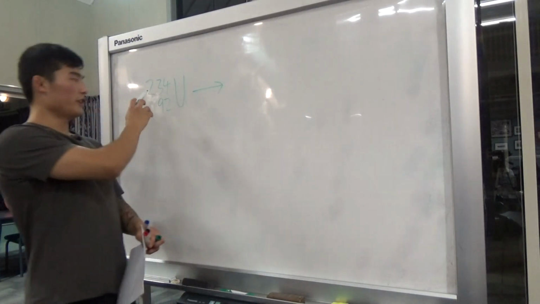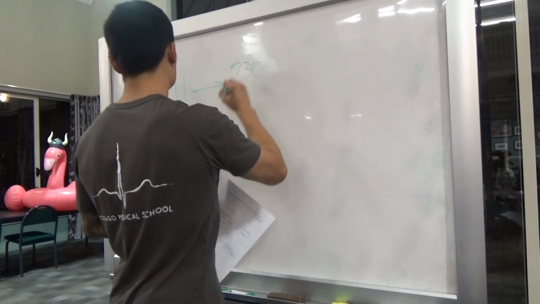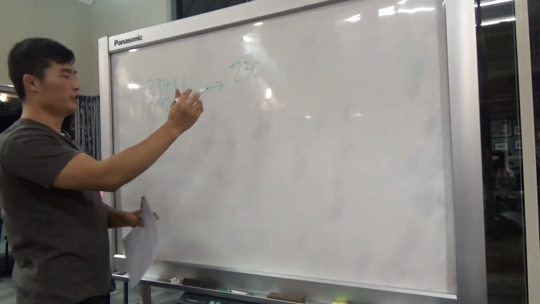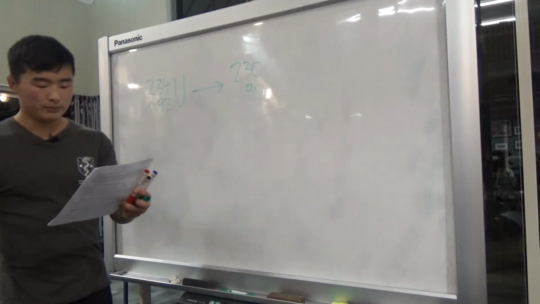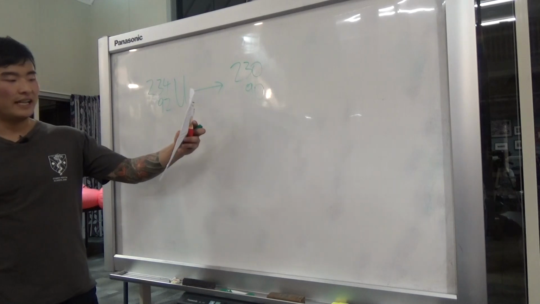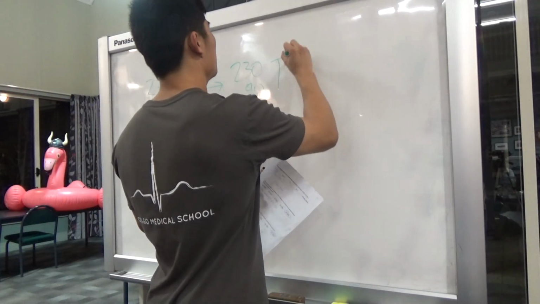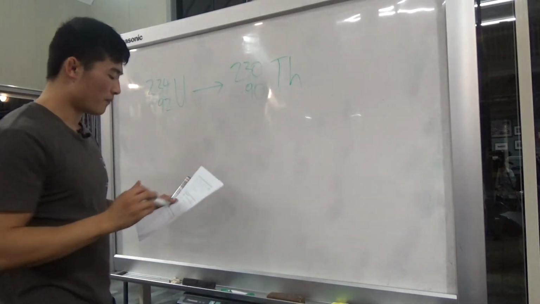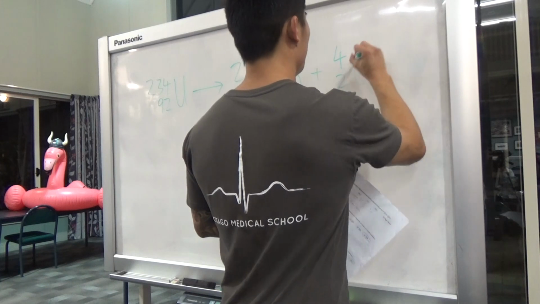So 234 minus 4 is 230. 92 minus 2 is 90. Okay, and you're going to look for the option that has 230 and 90. So that's going to be option E again. All right, and that's also going to produce an alpha particle.